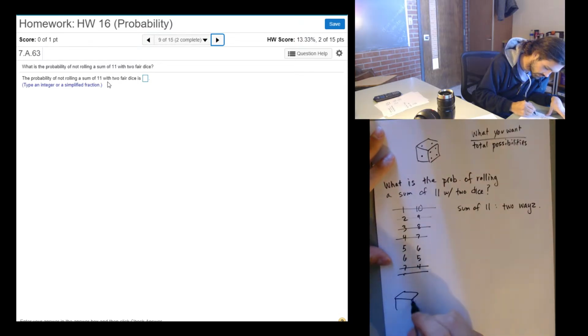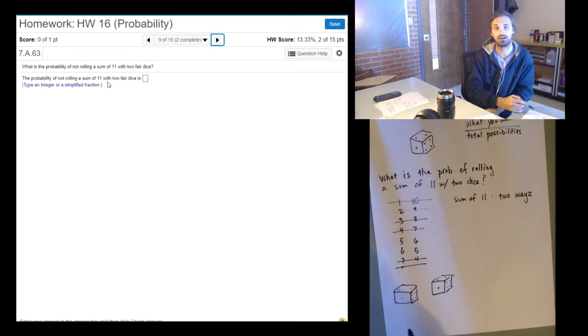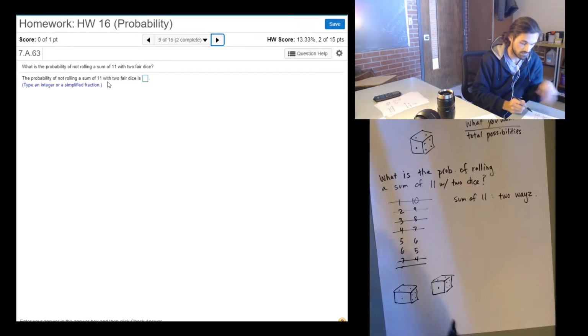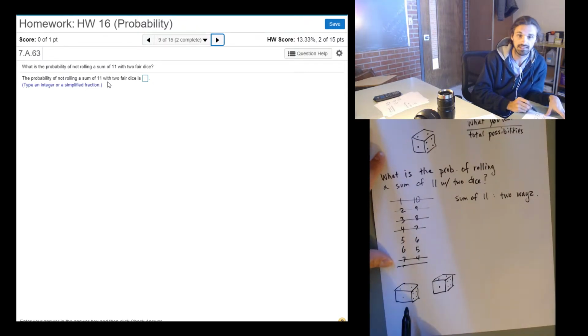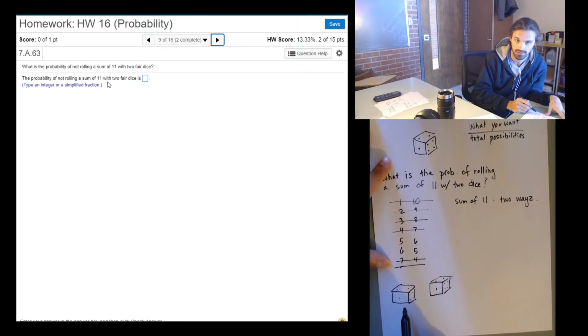To figure out the total possible outcomes when we're rolling some die, well, recognize, and this is a strategy that we'll see when we get to our counting methods. So this first die, how many possibilities does it have when you roll it? You roll a die and it could be 1 through 6.